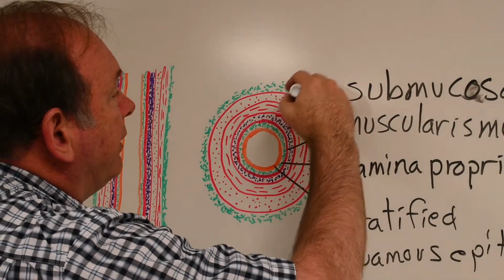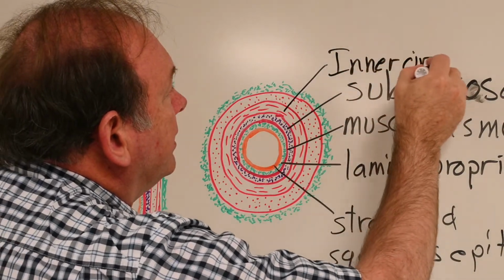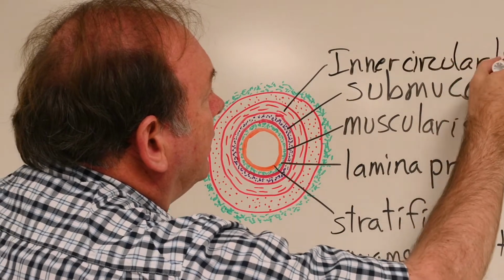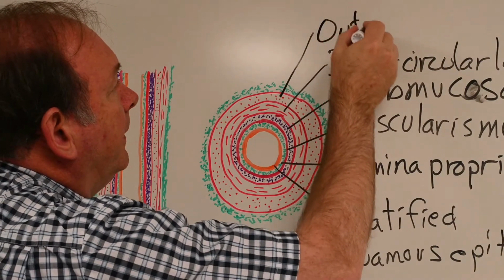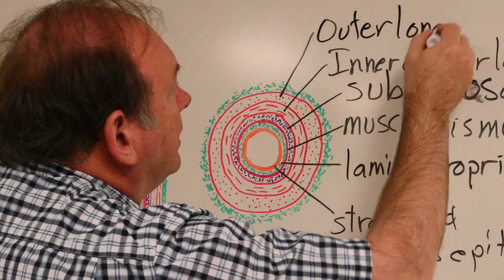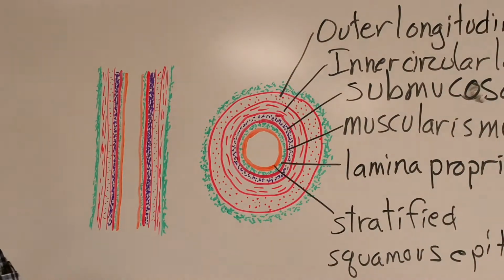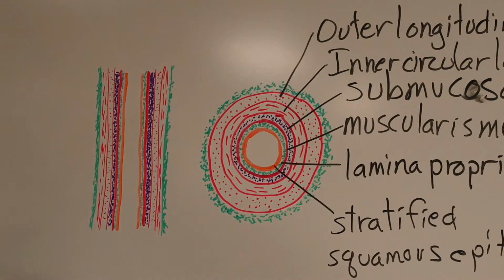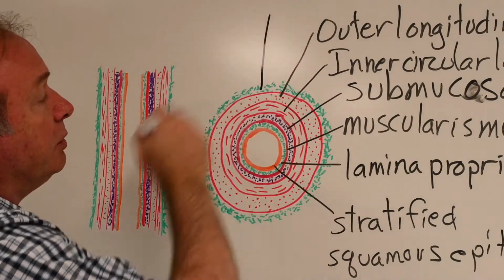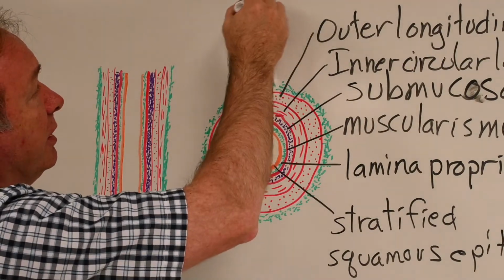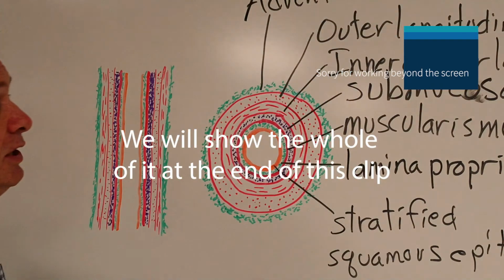An inner circular layer of muscle and an outer longitudinal layer of smooth muscle. The very outside of the esophagus right here has a layer of connective tissue we call an adventitia.